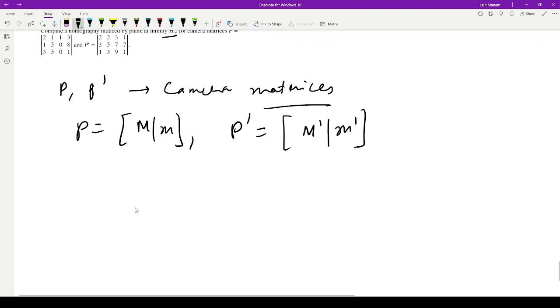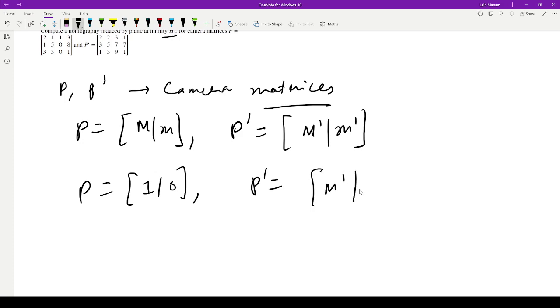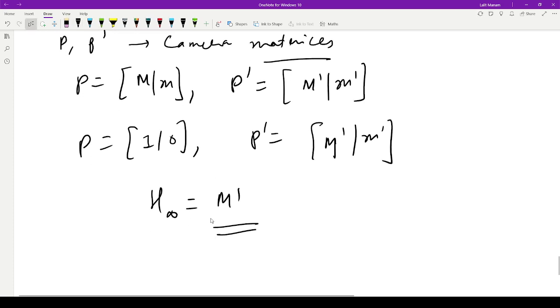Okay. So in general, if you know that this is I zero and this P prime is M prime, then the homography at infinity is M prime, right? I'll just give you an intuitive answer for now, and then we'll derive how to do it.